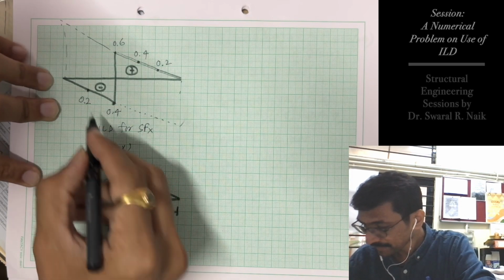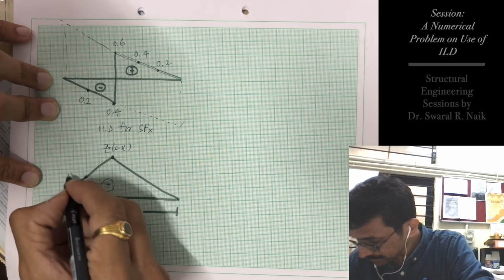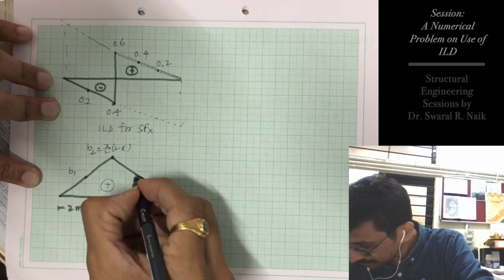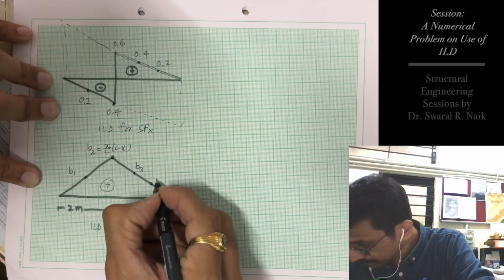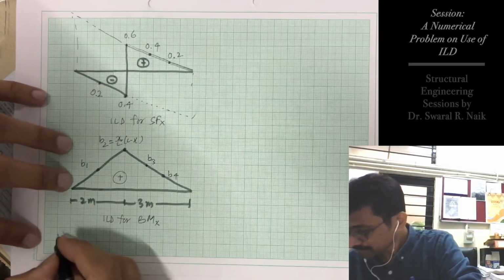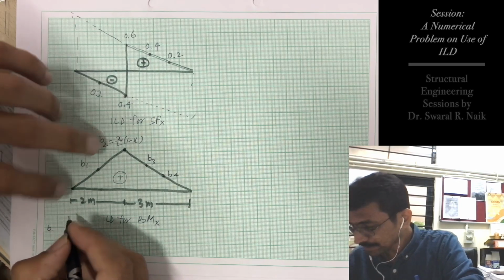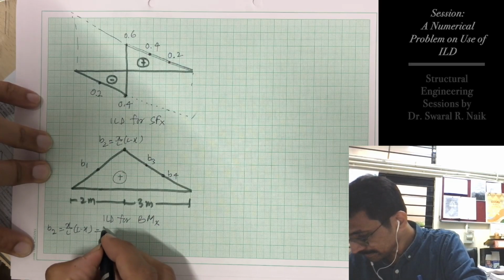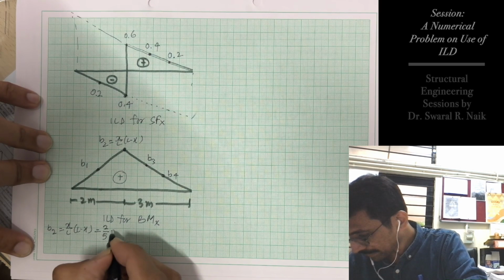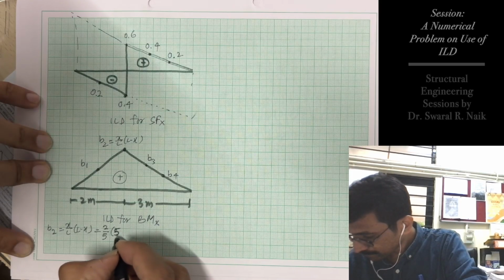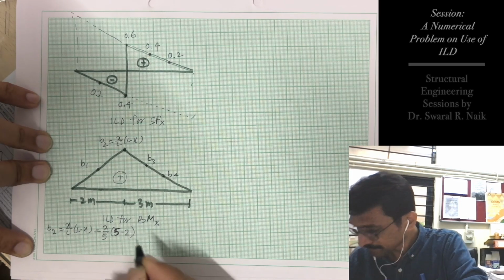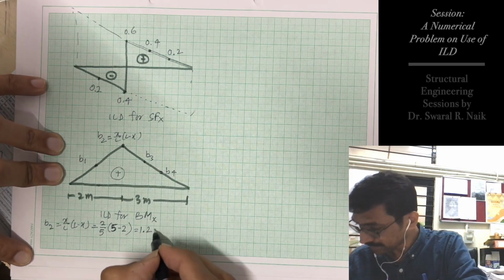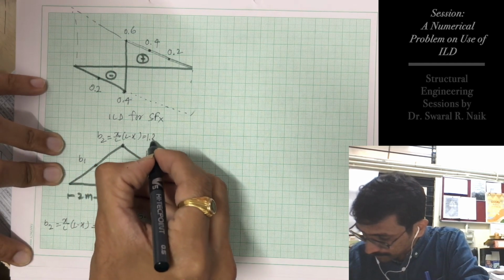So let us call the first unknown coordinate B1, the second one B2, third one B3, and fourth will be B4. B2 will be nothing but x by L into L minus x, that is 2 upon 5 into 5 minus 2, that comes out to be 1.2 meter. So our B2 will be 1.2 meter.